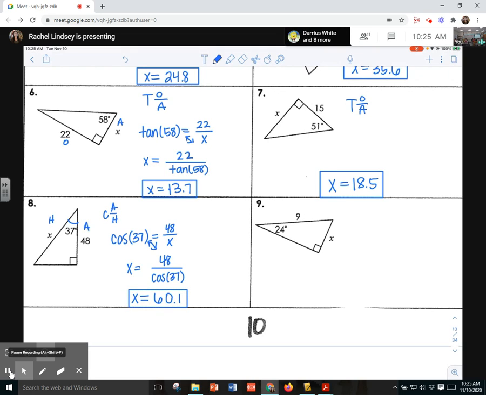And then on number 9, you would have to use sine, and you get x equals 3.7. So, same thing on the next 2 problems. So, on 10 and 11, I'm not going to go over those because I feel like we've done enough of those for now anyways.